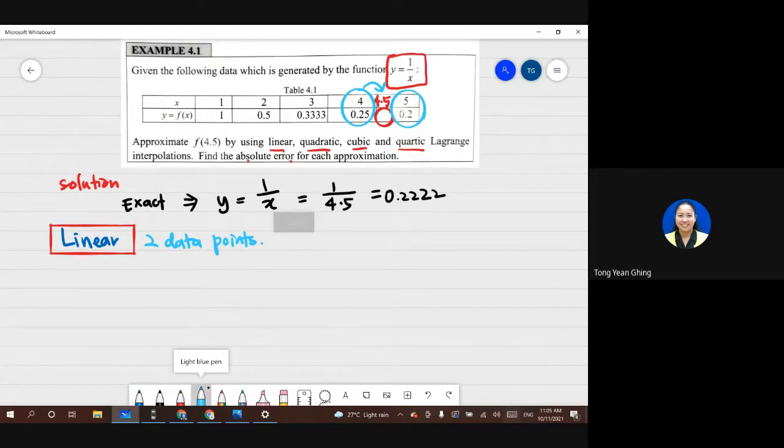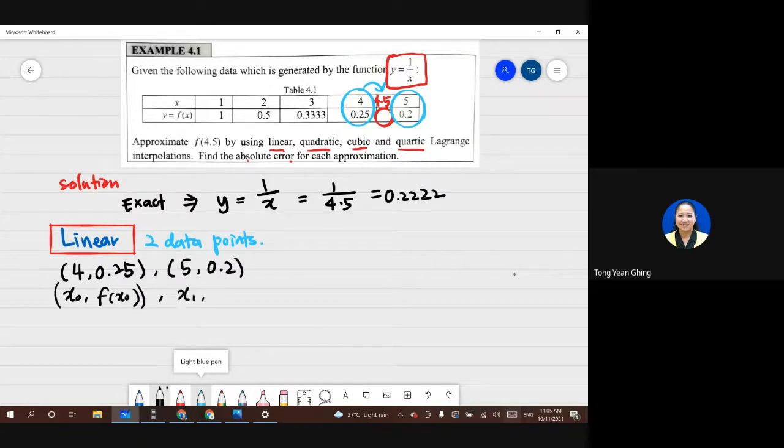So we will take the value of 4 and 0.25, and also the value of 5, 0.2. So this is x naught, this is f x naught, and then this is x1, f x1.